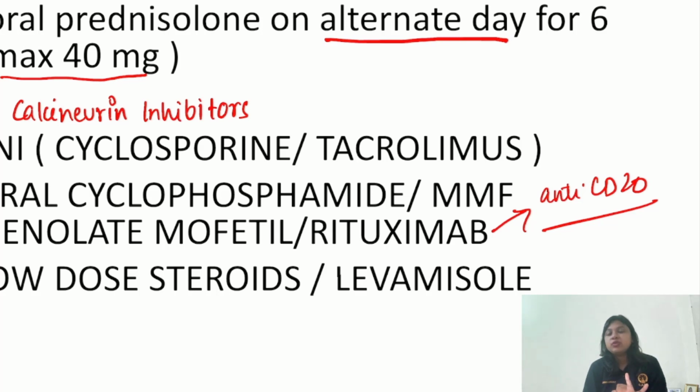Number two, before starting with the calcineurin inhibitors, we need to see the renal architecture, because cyclosporin and tacrolimus both are nephrotoxic agents, and still we are giving in these conditions because they're immunomodulators. Because they're calcineurin inhibitors, they can change the renal architecture. So before starting the patient with these agents, we need to see a renal biopsy.